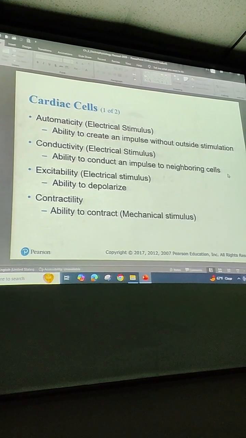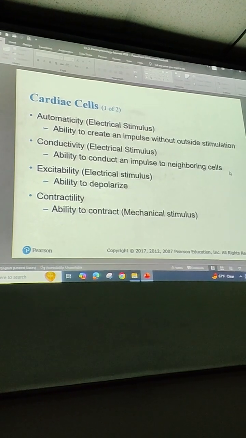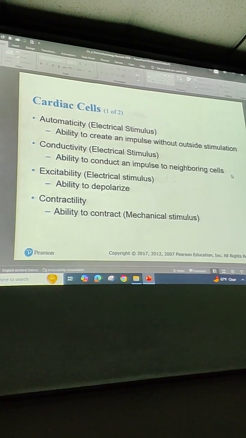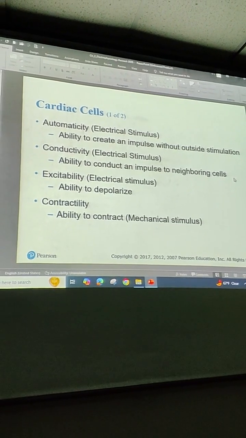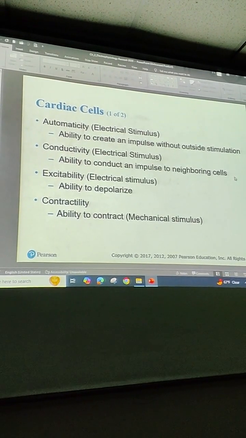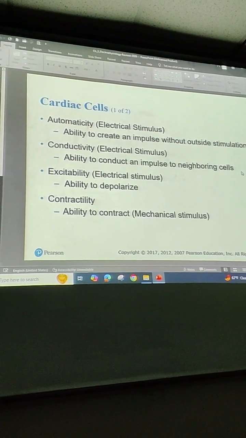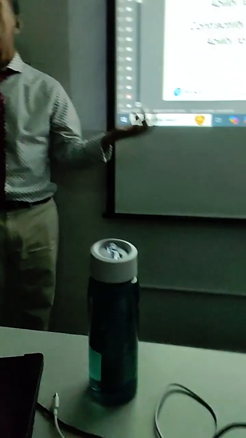When we give the patient CPR, are we doing it mechanically or electrically? Mechanically. We are putting our hands on top of the chest of the patient and squeezing the heart between the breastbone and the spinal column. That's what we do, just squeeze, because the heart is not contracting. So we are contracting the heart.